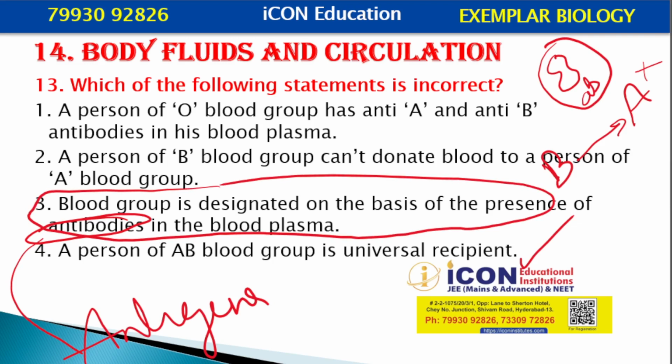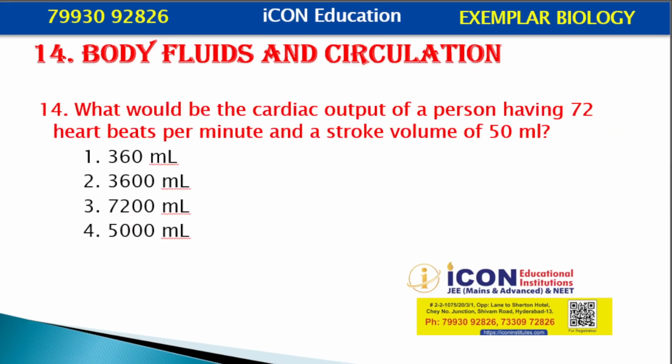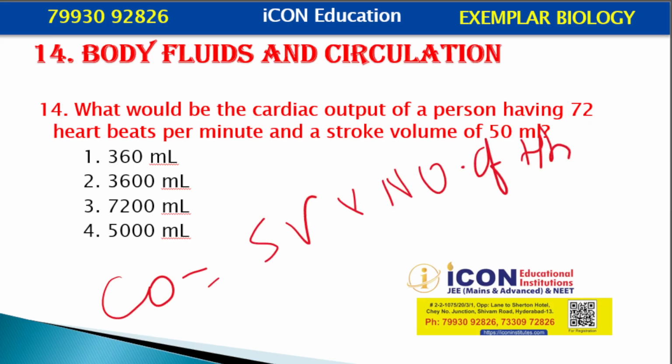Okay, moving on. What would be the cardiac output of a person having 72 heartbeats per minute and a stroke volume of 50 ml? Cardiac output is stroke volume into number of heartbeats per minute. Stroke volume, how much is it given?